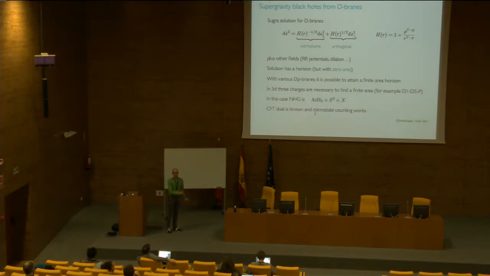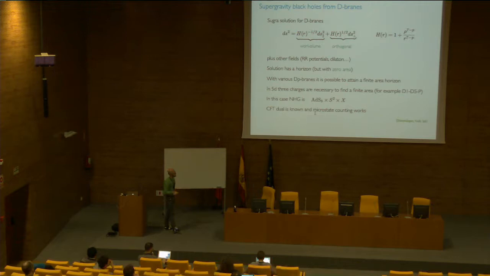So you would call this actually a genuine black hole. So this would be like an extremal Reissner-Nordström black hole. For instance, in 5 dimensions, you need at least 3 different charges to find finite area. And the first example, which was the one by Strominger and Vafa, would be D1, D5, P.